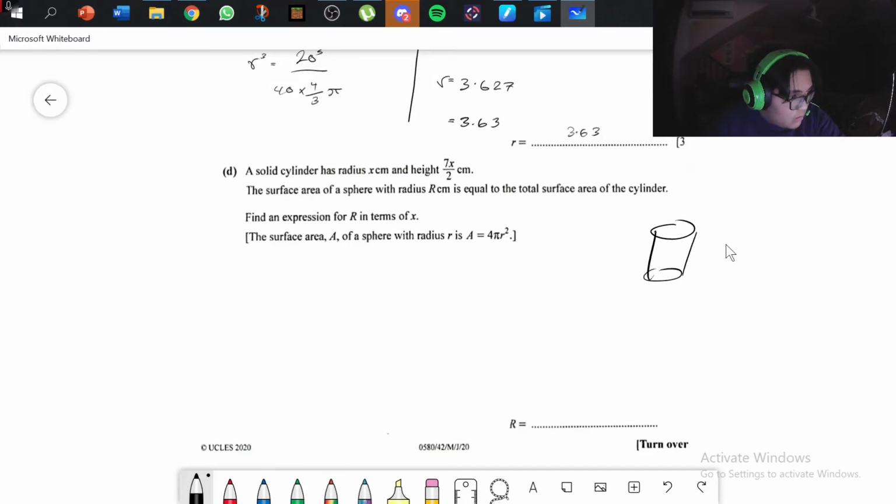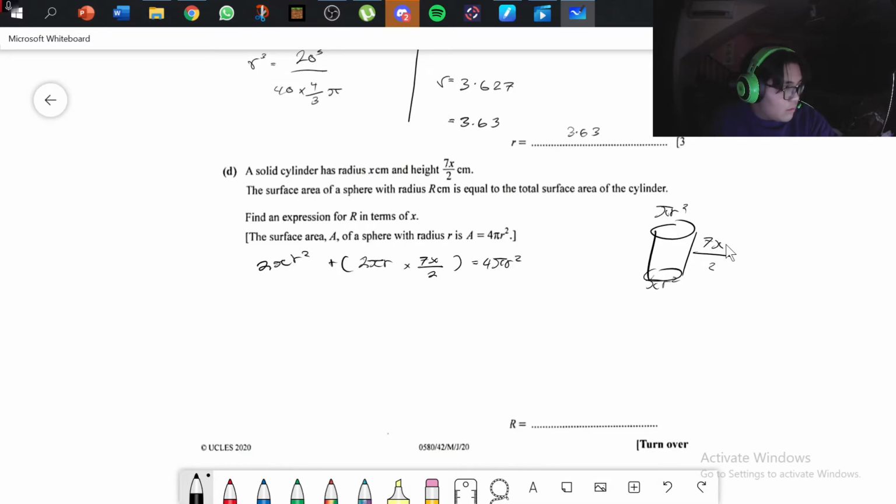The top and bottom are pi r squared, and the height is 7x over 2. So we do 2 pi r squared plus 2 pi r times 7x over 2, and we make it equal to 4 pi r squared.